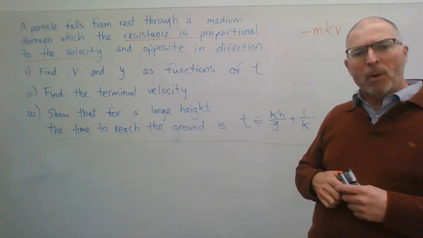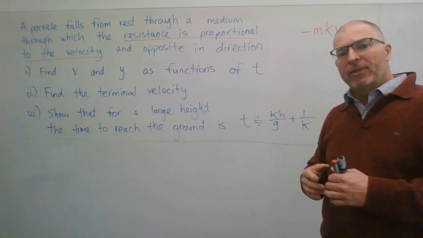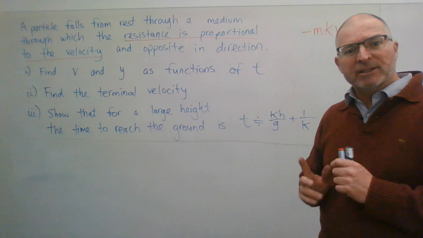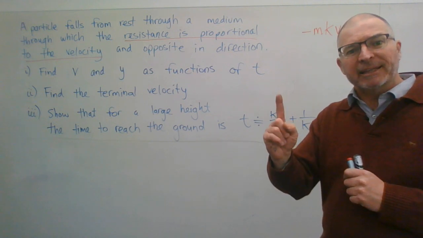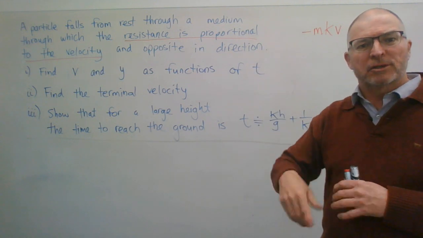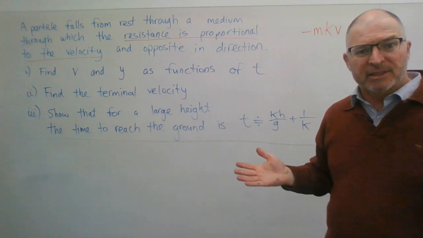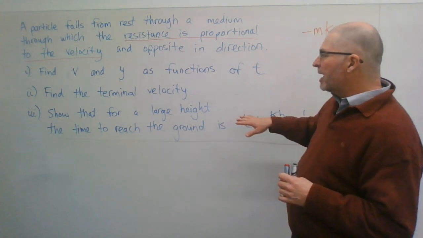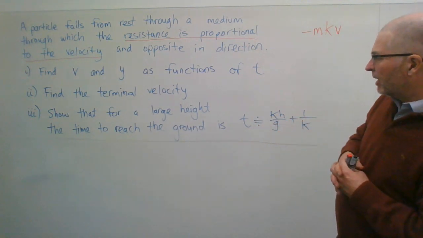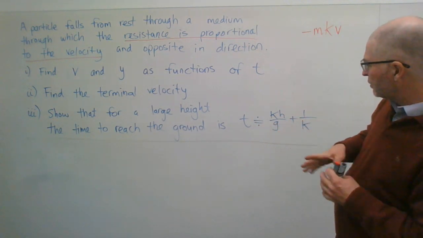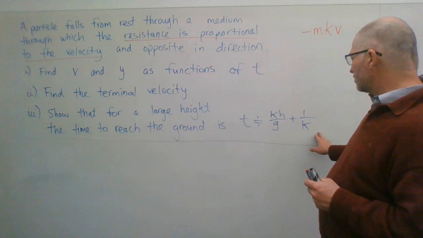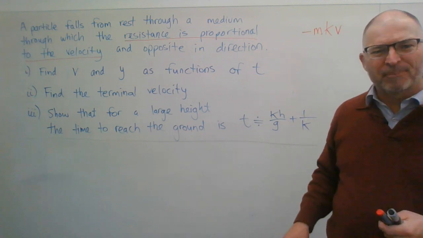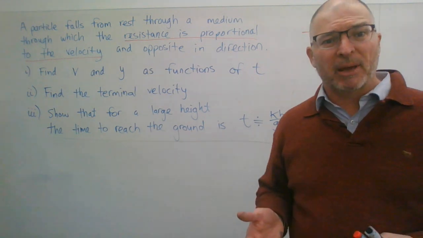So there's going to come a point where the resistance that's pushing back upwards against it is equal to the force pushing downwards. So there's no acceleration at that point. So we're going to find the terminal velocity, and we're going to show that for a large height, the time to reach the ground is approximately that time there, if h is really big.